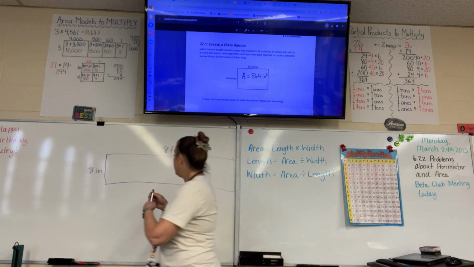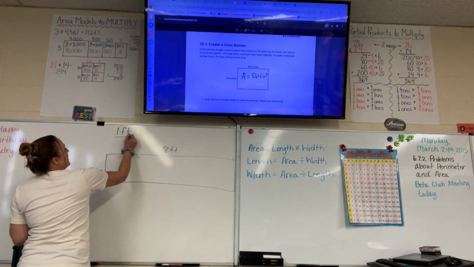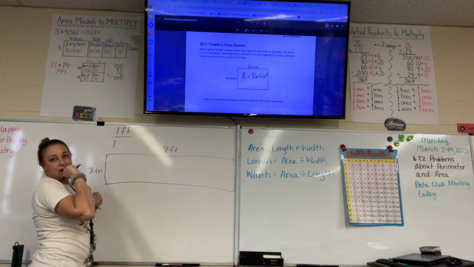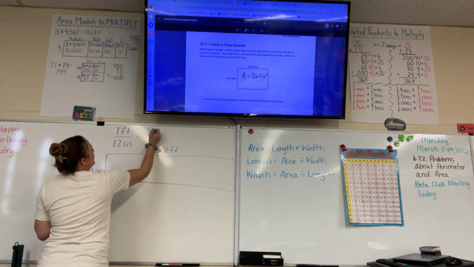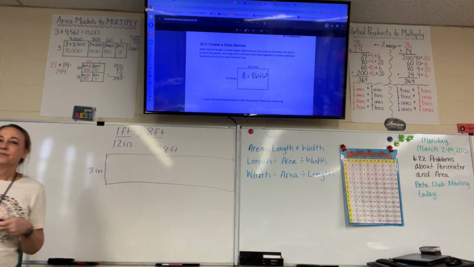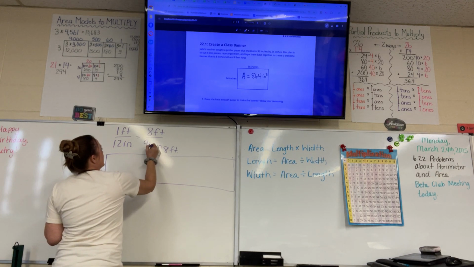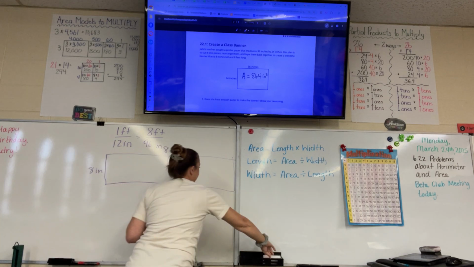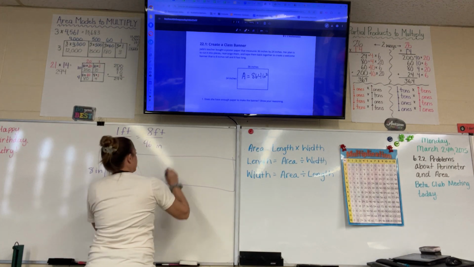So we're gonna have to do a conversion factor. 1 foot is how many inches? 12 inches. And we have 8 feet. So how many inches would that be? Jackson? 96 inches. So I'm going to change this 8 feet and make it 96 inches.